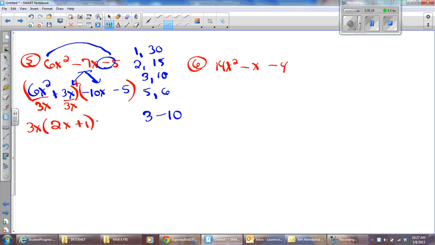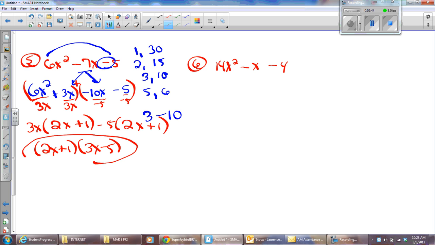And here they're both negative, so my GCF, I'm going to pull out a negative 5. So I'm going to have minus 5 times the quantity of 2x plus 1. And so I'll get 2x plus 1 and 3x minus 5. And there you go.